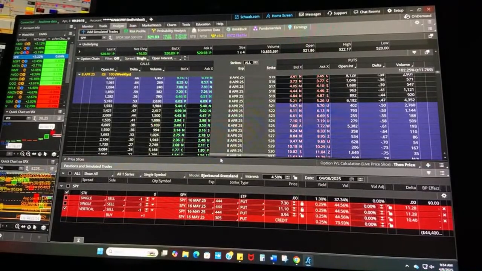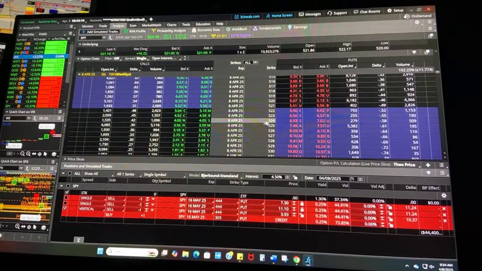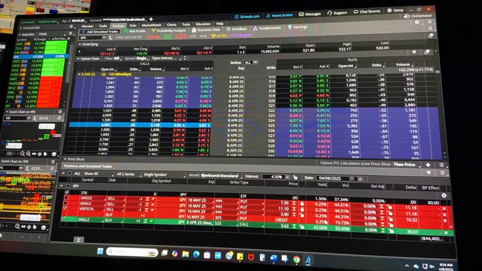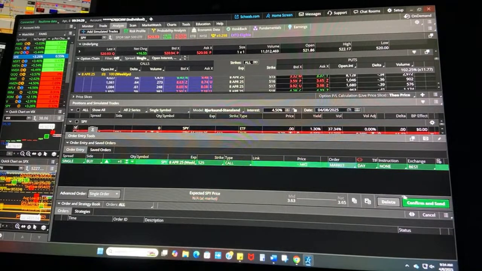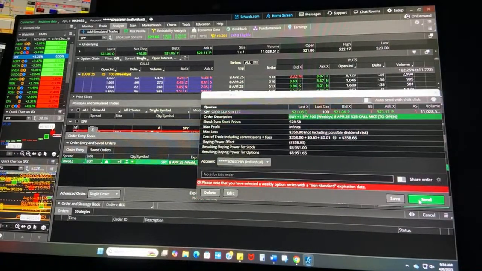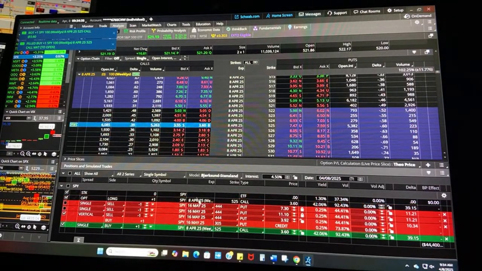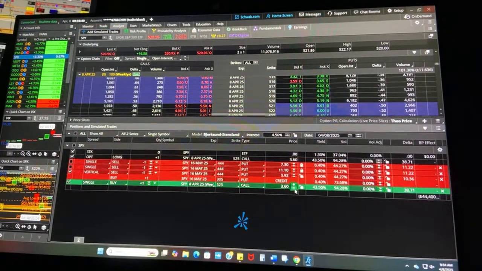So what I'm gonna do right now, given the fact that VIX is a bit more calmed down here, all right, I'll pick up the 525 strike call on S&P SPY for a quick little scalp trade. All right, so I just got filled on the 525 strike call for 3.60. Let me get this in my other account.